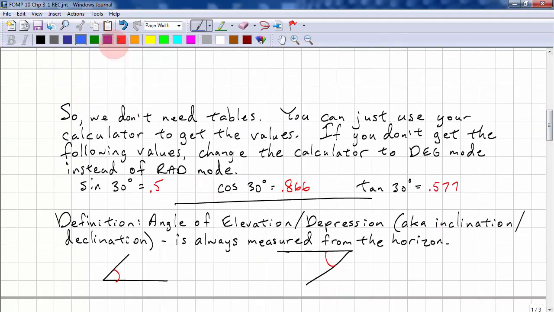So one thing that we need when we're solving problems is the definition. The angle of elevation or depression, also called inclination and declination, is always measured from the horizon. So this is your horizon, this is your horizon. So the angle is measured down for depression and measured up for elevation.